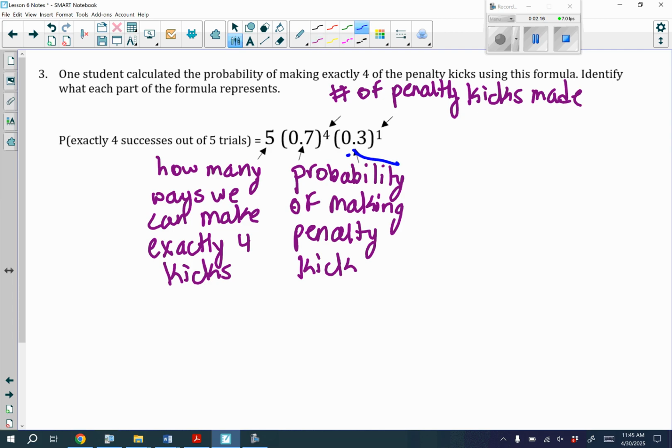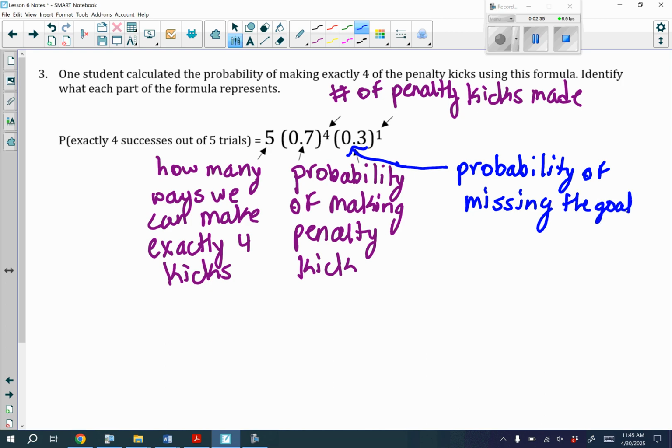Now this 0.3, remember we talked about how that's if we missed the goal. So this is the probability of missing the goal or not making the penalty kick. So here, if we made 4 of the penalty kicks and you have 5 trials, that means there's 1 time that we don't make the goal.